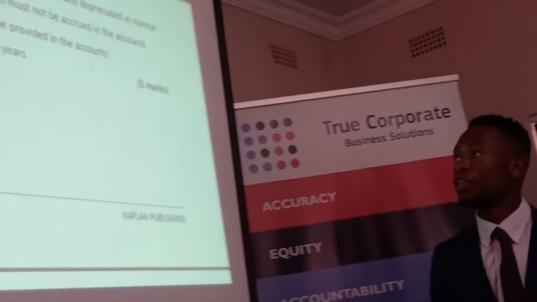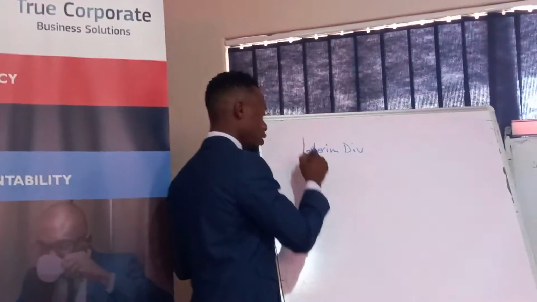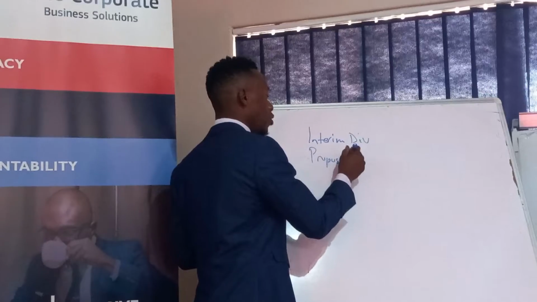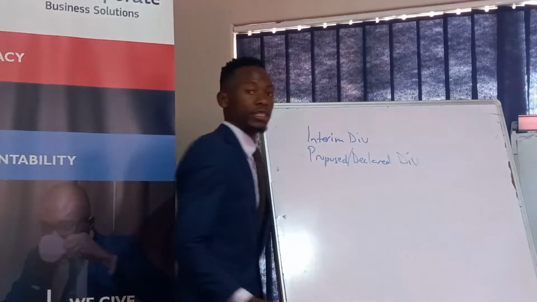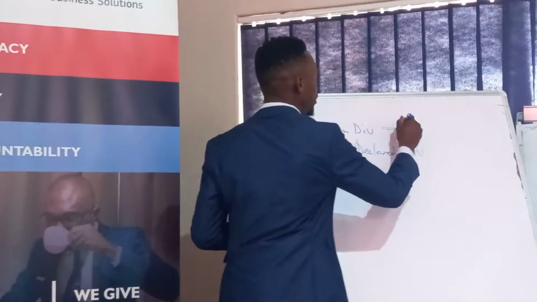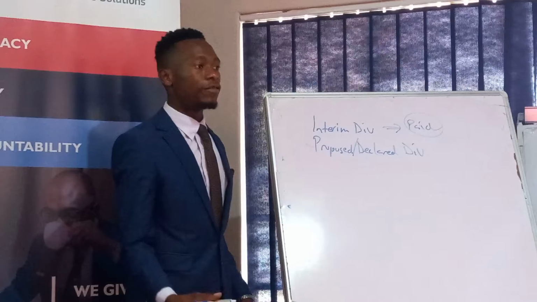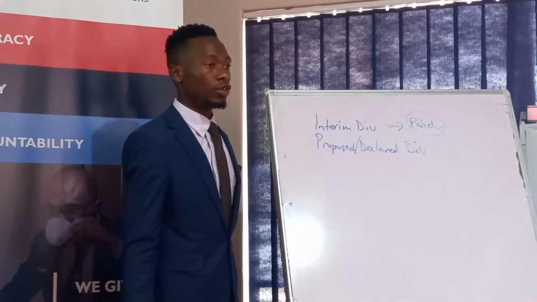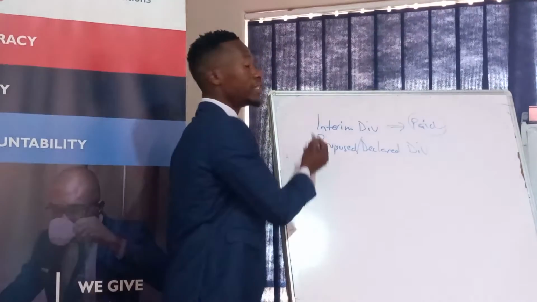Let's read it. B, dividends proposed. Guys, we have what we call the interim dividends. We have what we call proposed or declared dividends. You understand? The interim dividends are the dividends that have been paid during the year, therefore it's not a liability. We don't owe them because we have paid on the interim.